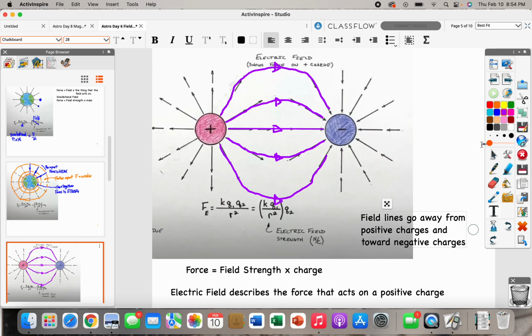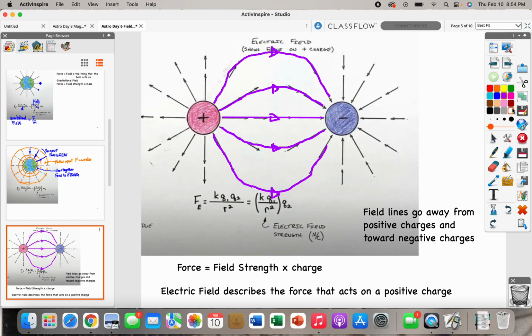We could also draw our lines of potential energy if we wanted to, and I want to. So let's draw these potential energy lines here.